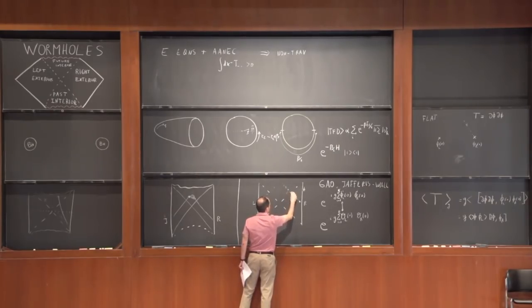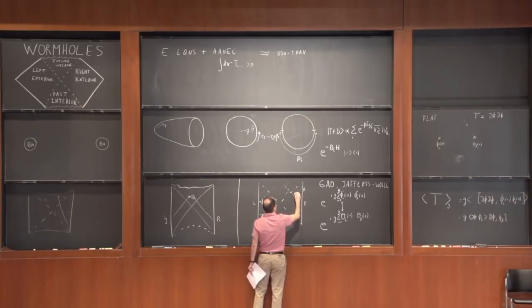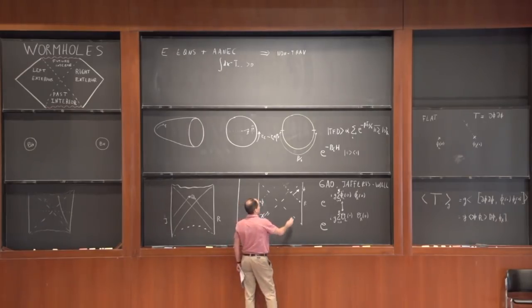Normally, if you had positive energy, these particles suffer a time delay and would get deeper inside the black hole. But this particle now suffers a time advance and emerges outside and can be picked up by the right observer. So we can send the signal from the left to the right, and the signal goes through the wormhole.